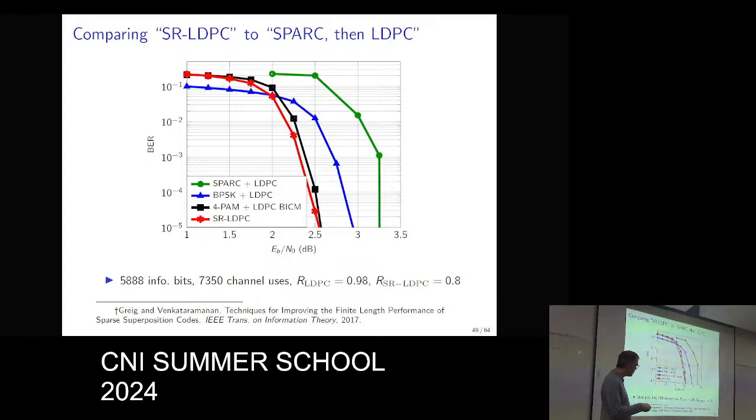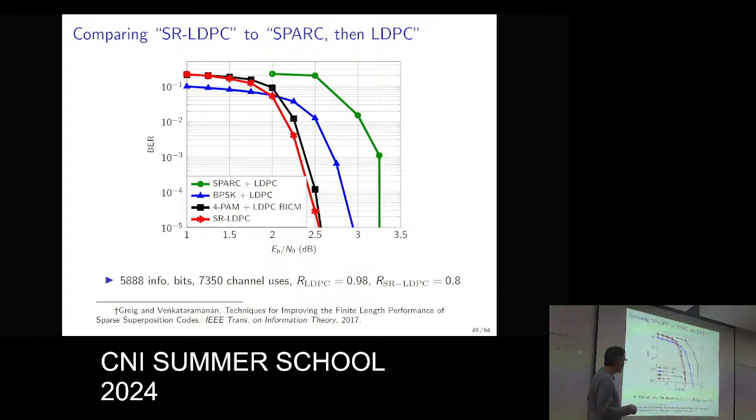Our code is SRLDPC, and our code rate is 0.8. So the channel use and information bits set the rate of the code. But if you have a concatenated scheme, you have to decide how much of that redundancy you're going to put in the matrix and how much you're going to put in your LDPC code. Okay, so a few curves over here.